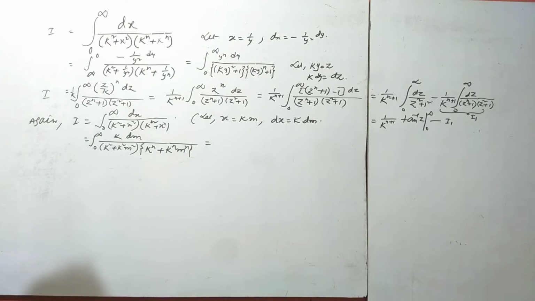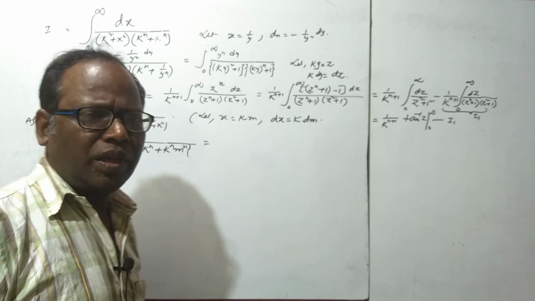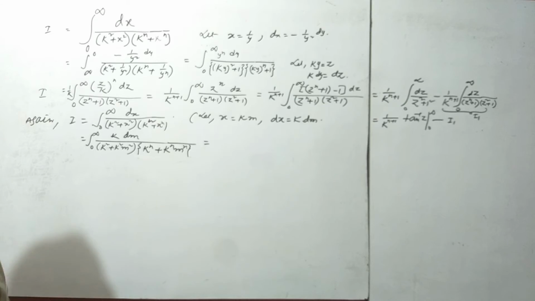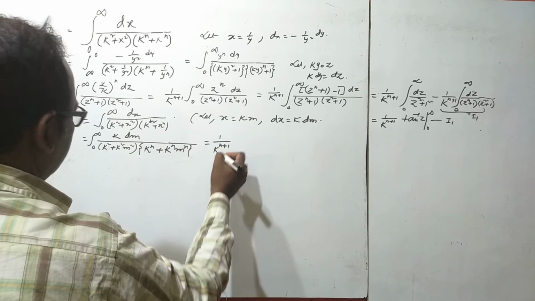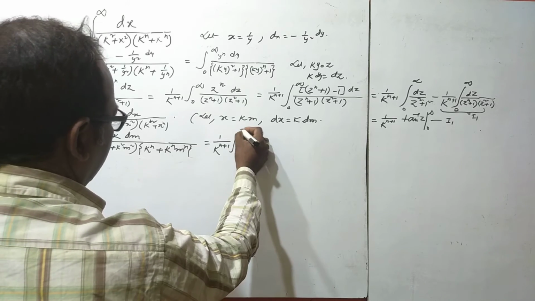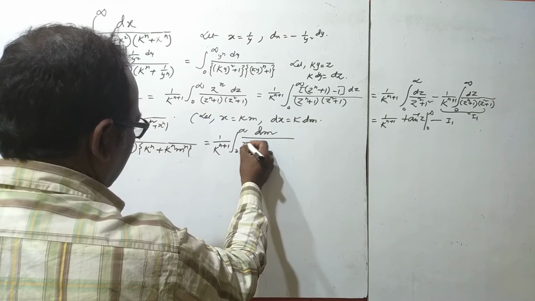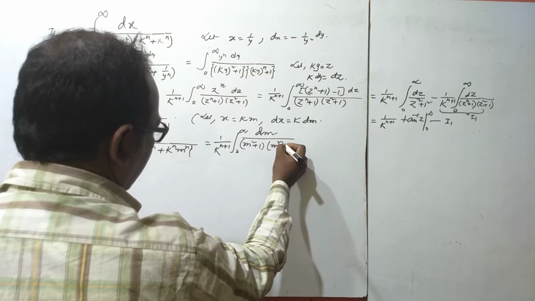If we take common k square and k to the power n, then we have k to the power n plus 2, and the numerator has k to the power 1, so the coefficient is k to the power n plus 1, integral 0 to infinity of dm over (m square plus 1) and (m to the power n plus 1).